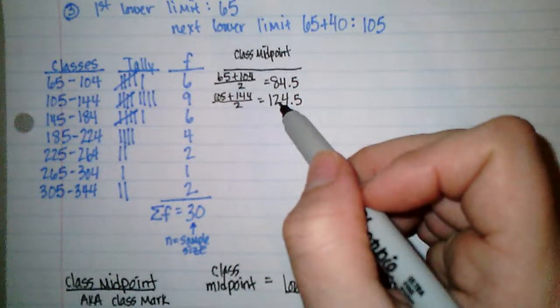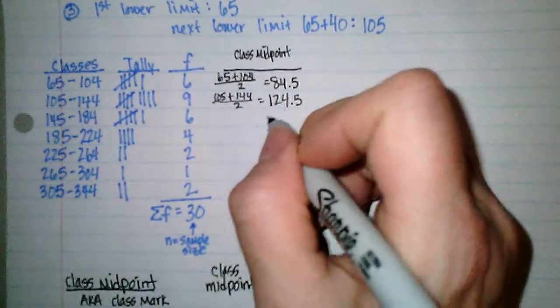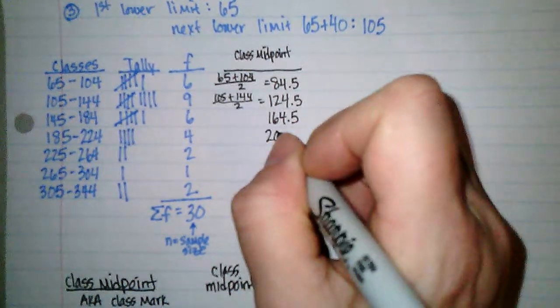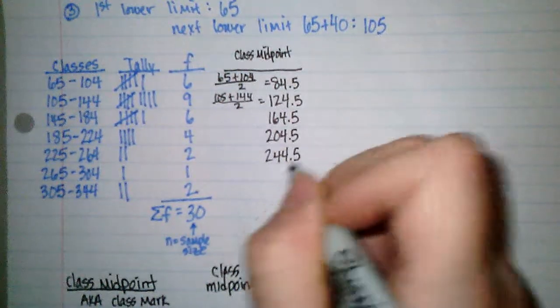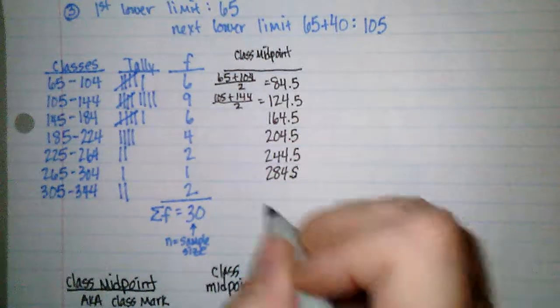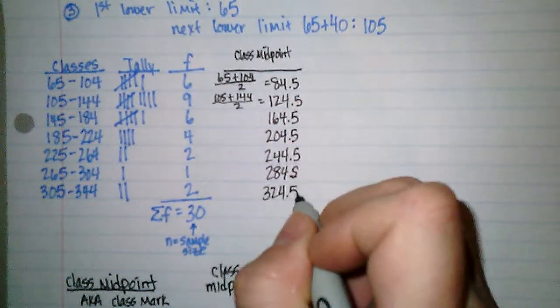So I can just take that class width. Once I've got my first class midpoint, I can add the class width on and generate the rest of my class midpoints. 324.5.